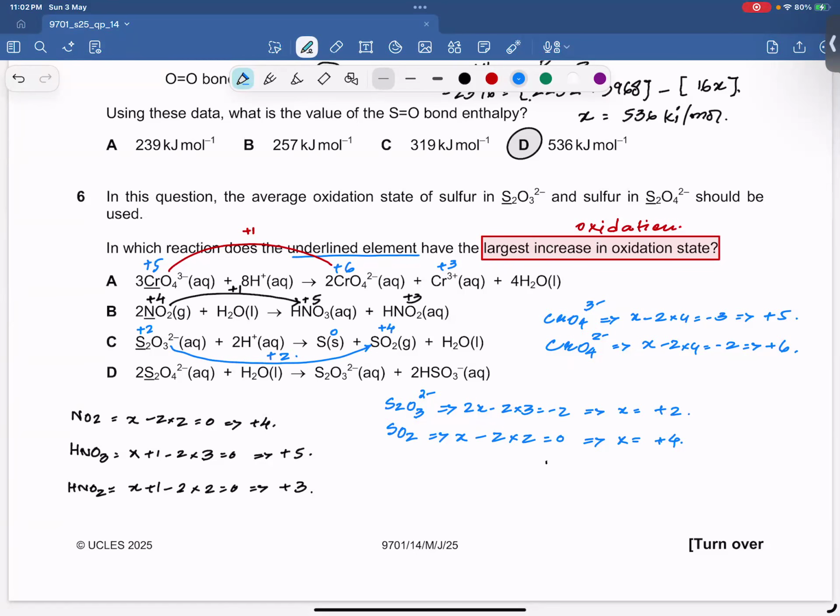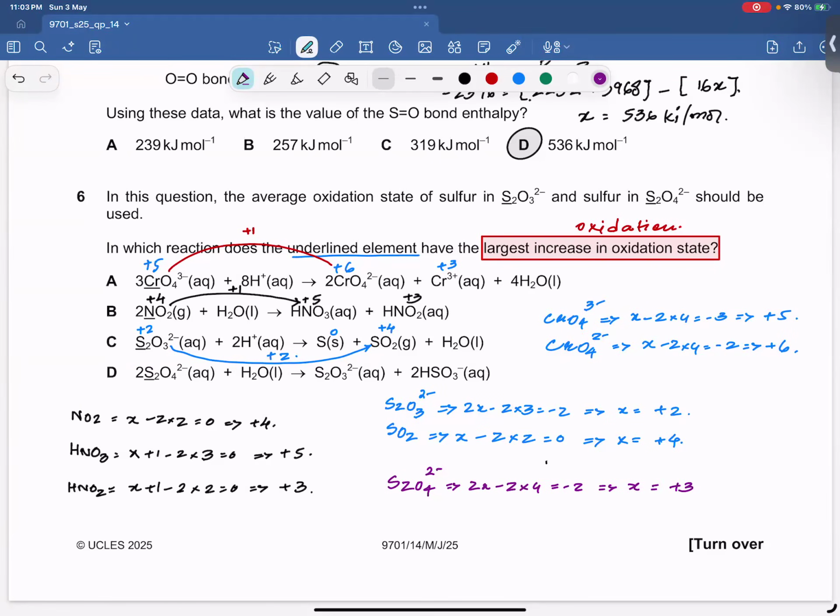Okay. Last but not the least, option D, S2O4 2-. So sulfur is 2X, oxygen is -2 into 4, whole charge equals -2. Then the oxidation state of sulfur in this ion would be +3.